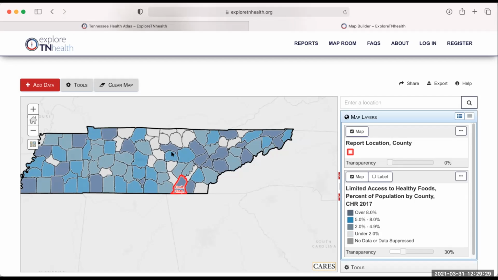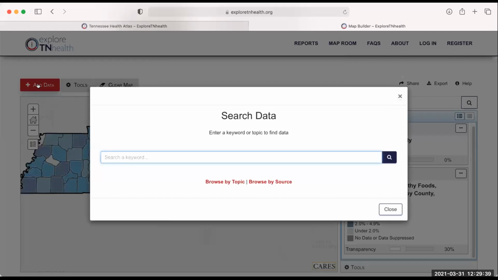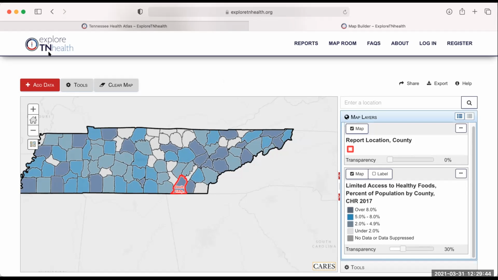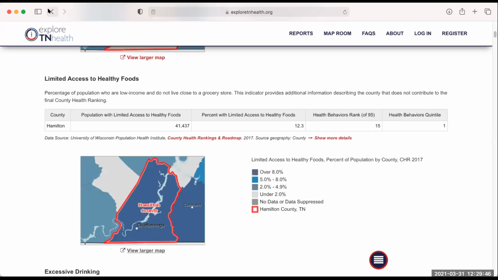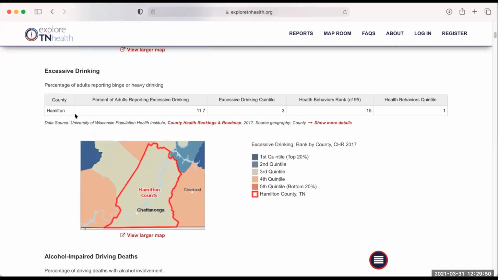And you can probably guess where Nashville is in this mix. Let's back up here. You'll see there's an add data option if you want to cross-reference other things. We're going to go back to our earlier search and look at another thing. So, excessive drinking, you'll see it's kind of in the middle.